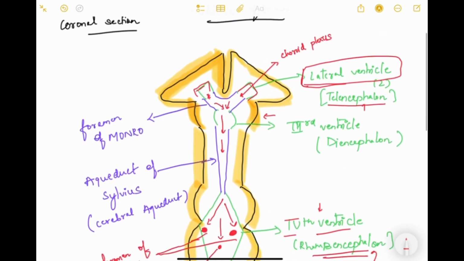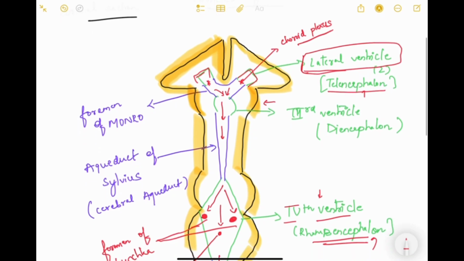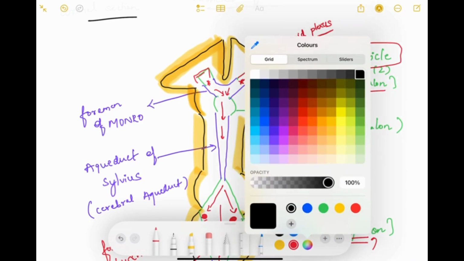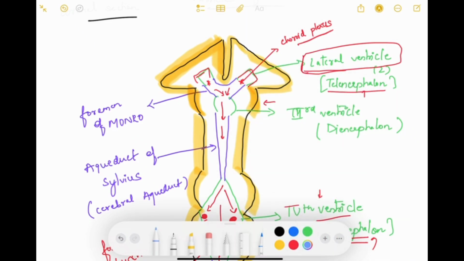Now, as you know, CSF is formed by the choroid plexus. Most of the choroid plexus is in the lateral ventricle. The very important point here is that the lateral ventricle is connected to the third ventricle by a foramen, and that foramen is the foramen of Monro.